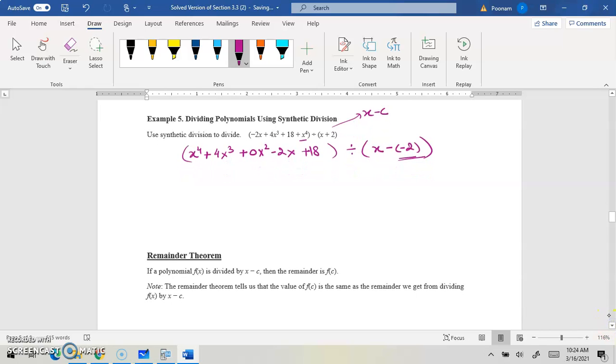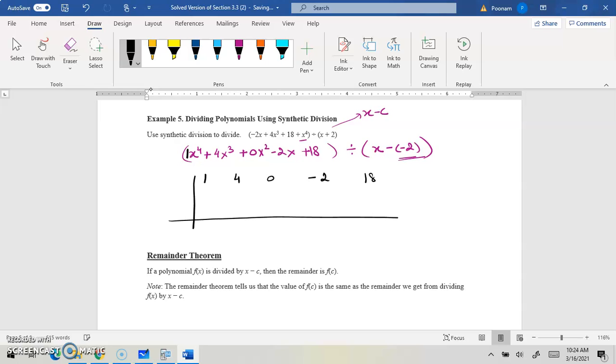So how do we write? We just write the coefficients of this polynomial: 1, 4, 0, negative 2, 18. And on the left hand side, we are going to write c, which is negative 2, which is coming from here. The first step, 1 comes down as is.